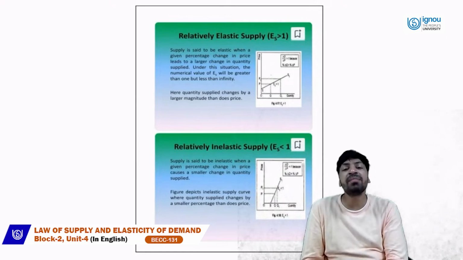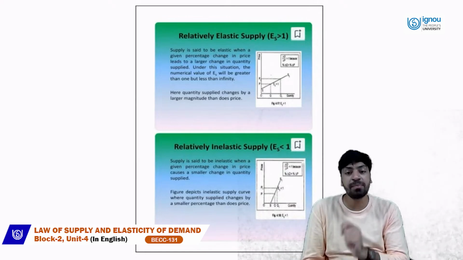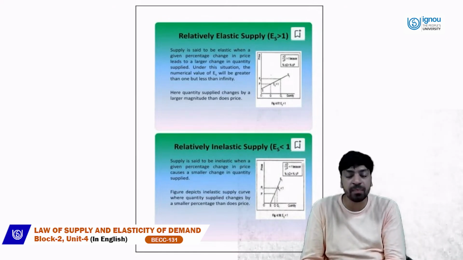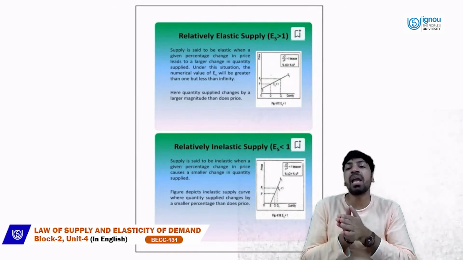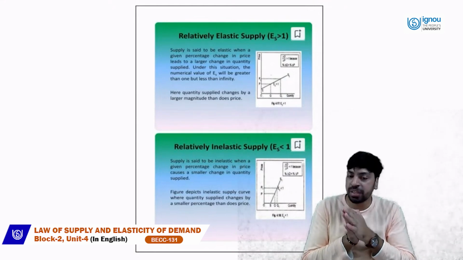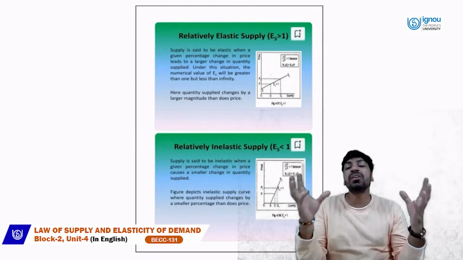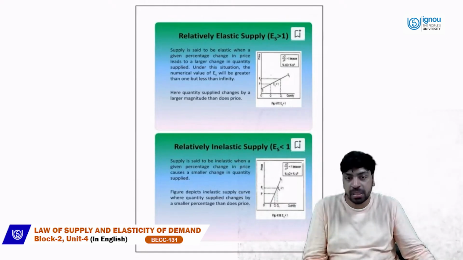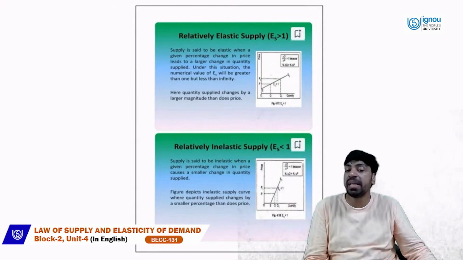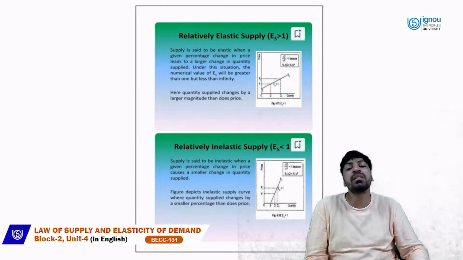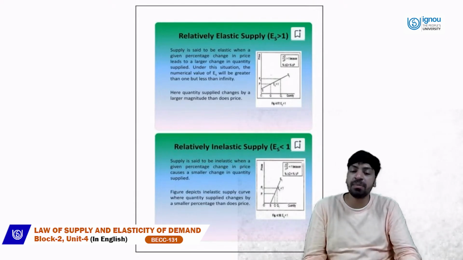The next concept is relatively inelastic supply, not demand. Relatively inelastic supply is less than 1. The supply is called inelastic when a larger change in the price causes only a small change in the quantity supplied.